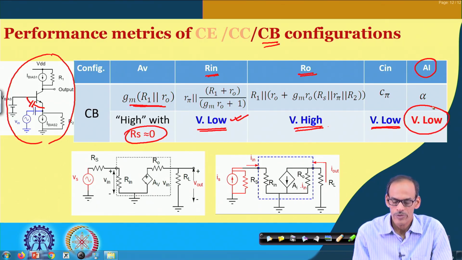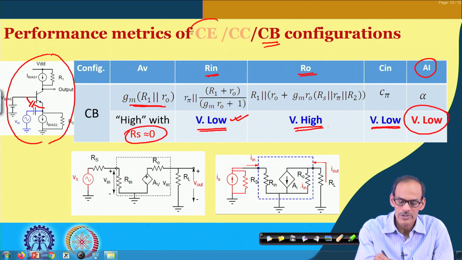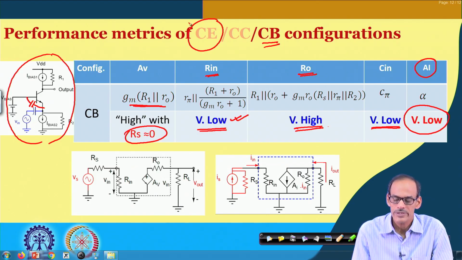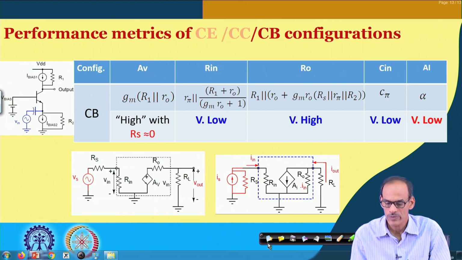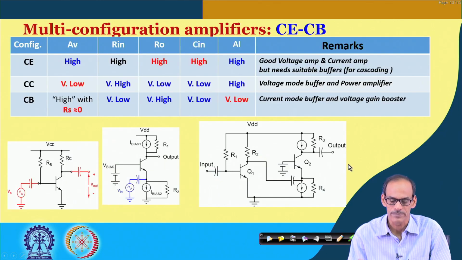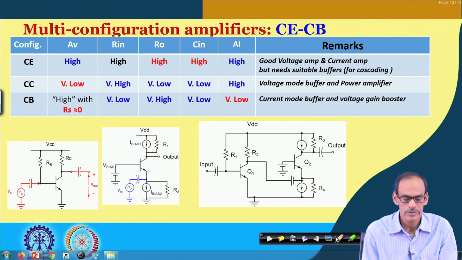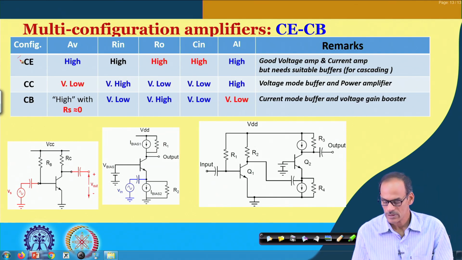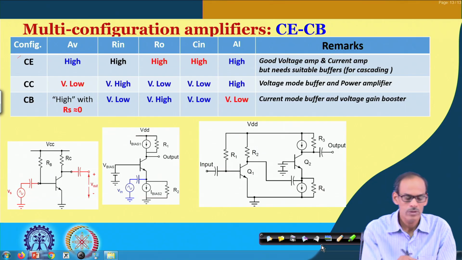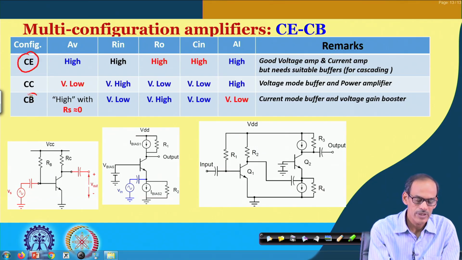Now, if we put the performances of CE and CB together to construct a new configuration called CE-CB, let us see what kind of performance we expect. This is the summary, and as I said, at present we are interested to focus on CE and CB.